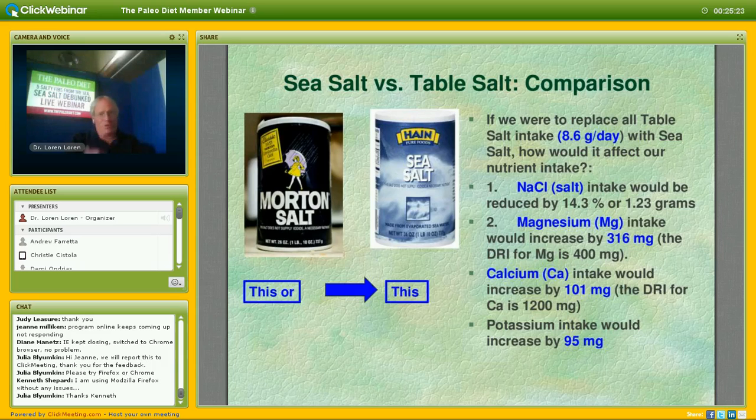And so a point I want to make here before we move on to the physiologic and health effects of salt is to look at this: if we were to somehow magically replace all of the table salt, all the added salt in our diet, with sea salt, would it really make a difference? Notice that there are 8.6 grams of table salt or salt added to our diet.